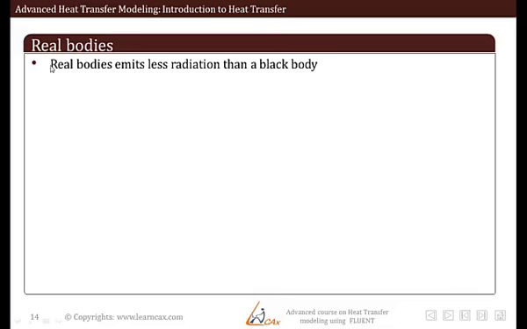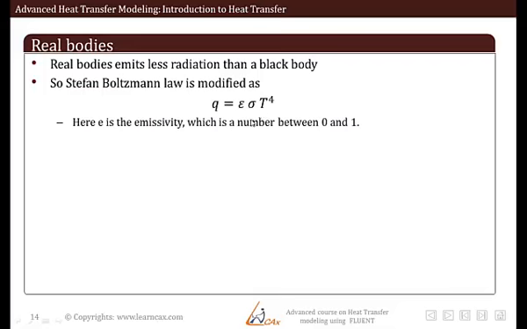Now let us see what happens in real conditions, where real bodies emit less energy than a black body. So the Stefan Boltzmann law is modified, and we say that some fraction is multiplied to the radiation energy emitted by a black body. In the case of real bodies, Q = εσT^4, where ε is the emissivity, a number between 0 and 1.